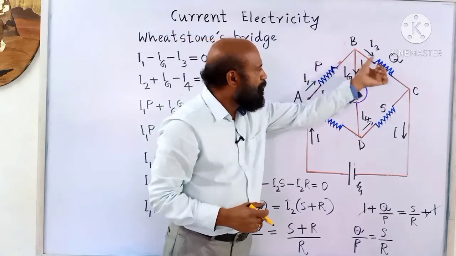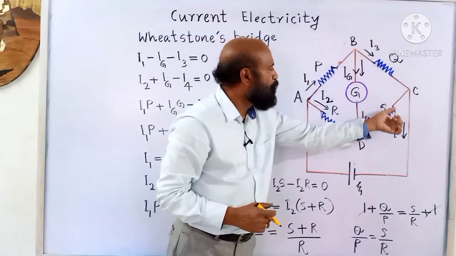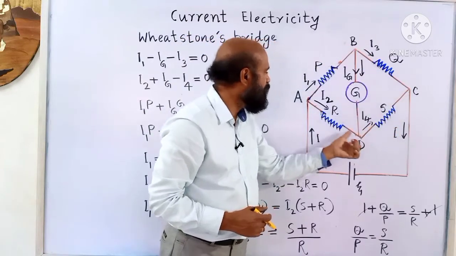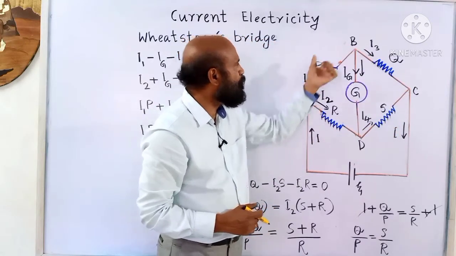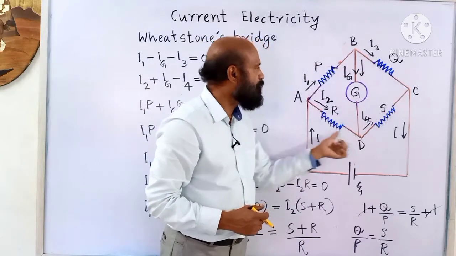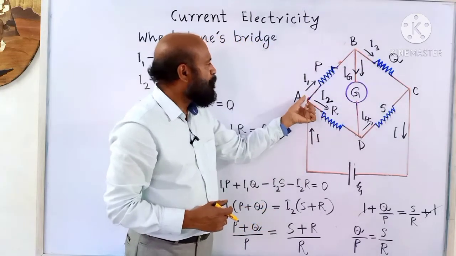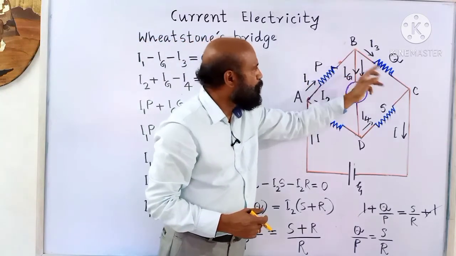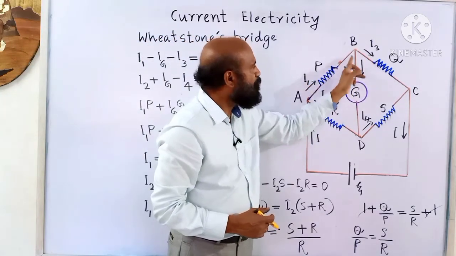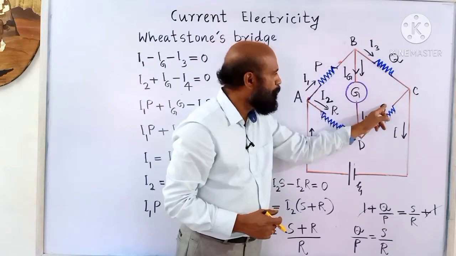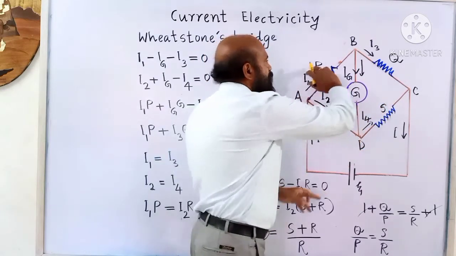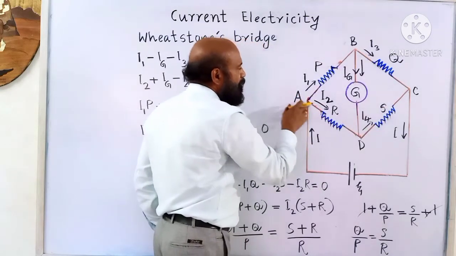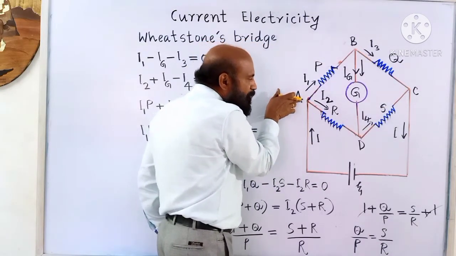Now you apply Kirchhoff's second rule to this loop A, B, C, D, A. This is the direction of the loop. Starting from here, I1P plus I3Q. Here and here the direction of the current is the same as the direction of the loop, but here and here the direction of the current is opposite.